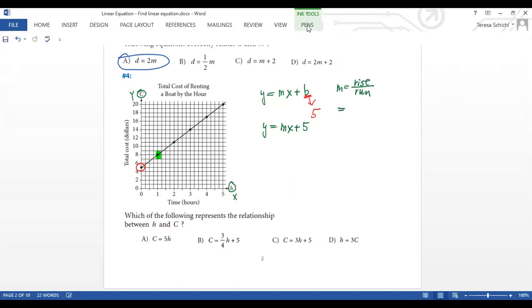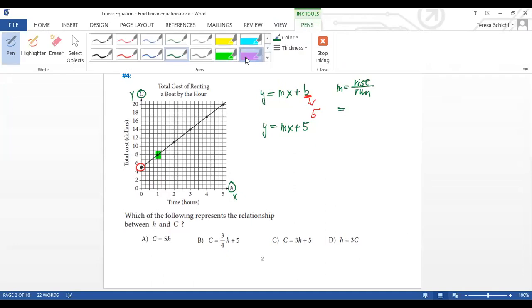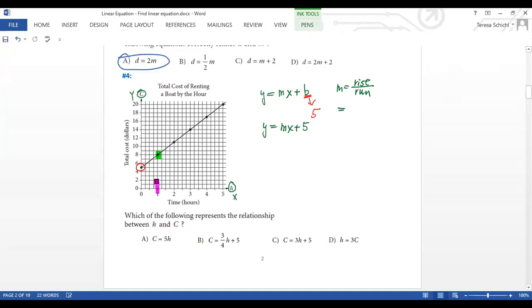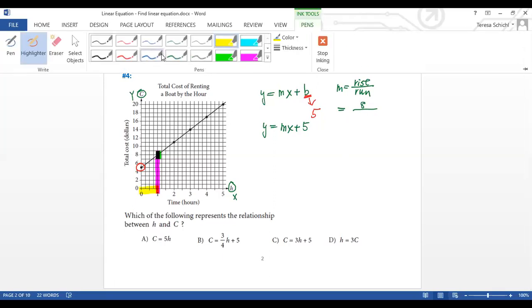How much do I rise here? Let's take a look. I rise from 0 to what? From 0 to 8, correct? So that means this is 8, right? Now let's take a look at my run. How much do I run here? From 0 to 1 here. Okay, so that's good. So that's 0 to 1.